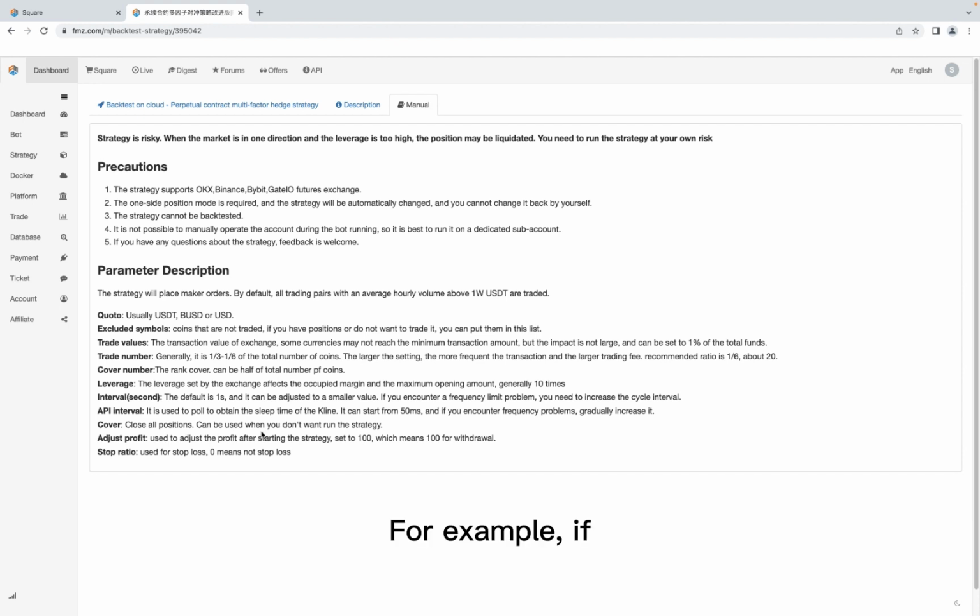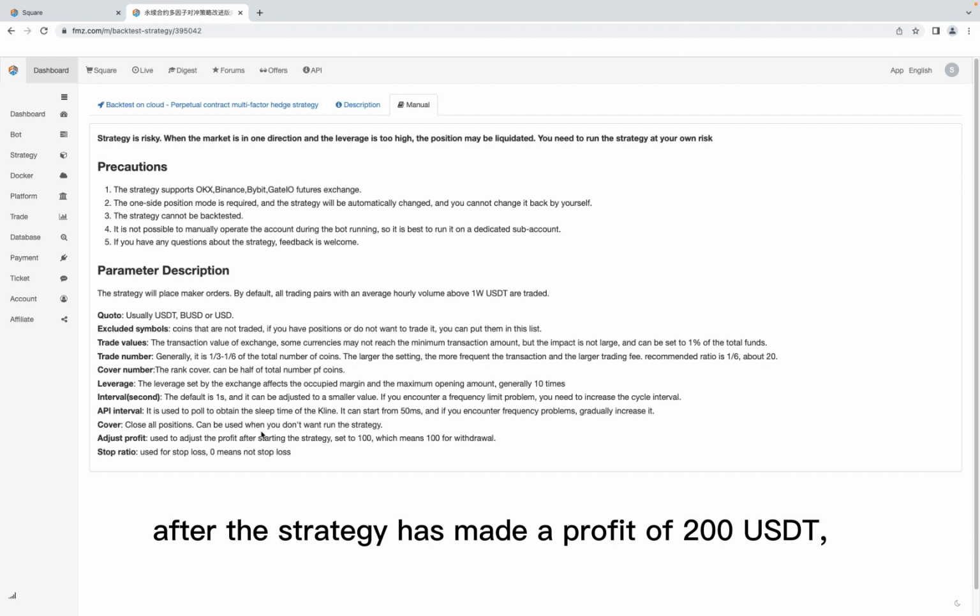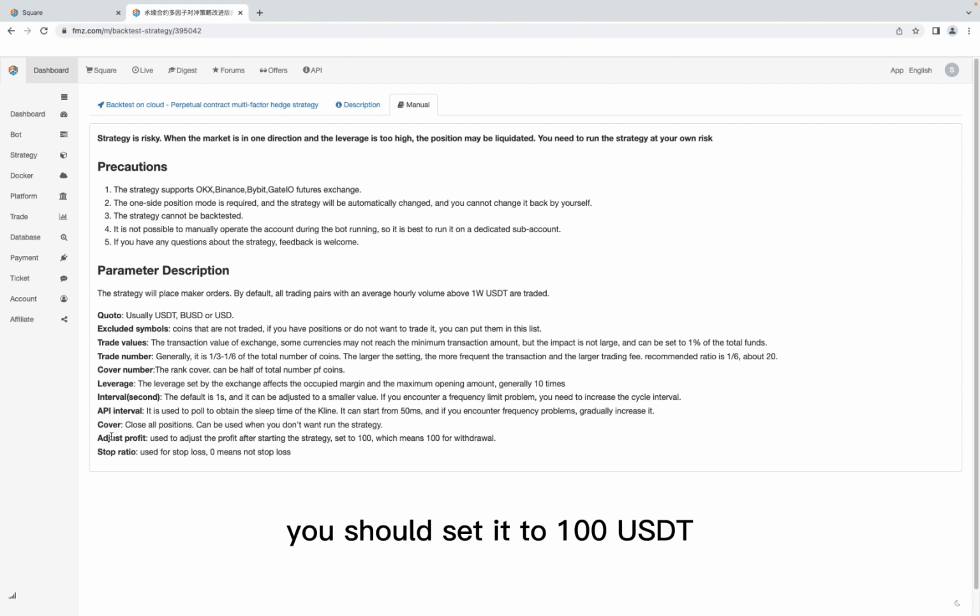For example, if you want to withdraw 100 USDT after the strategy has made a profit of 200 USDT, you should set it to 100 USDT here.